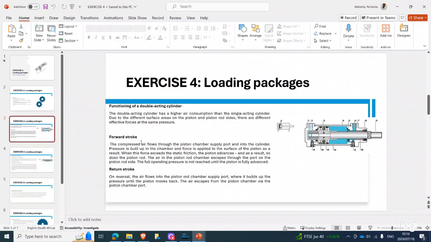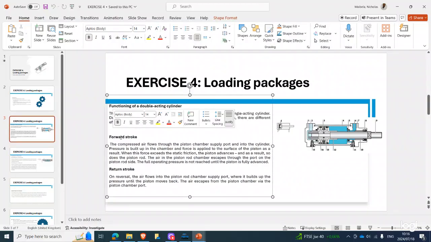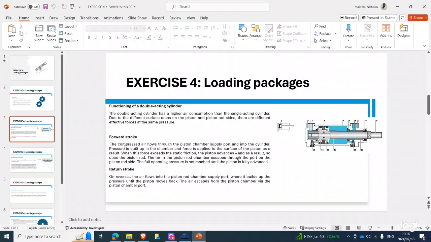So now here they're explaining what happens to the workings of the double acting cylinder when a cylinder advances, like the 4-stroke, and when it retracts. So they're saying that during its advancing, or its 4-stroke, the compressed air flows through the piston chamber supply port or supply hole into the cylinder, and then pressure is built up in the chamber, and the force is applied to the surface of the piston as a result.